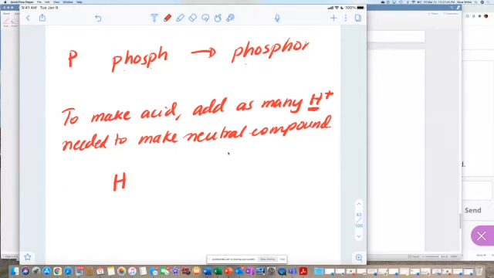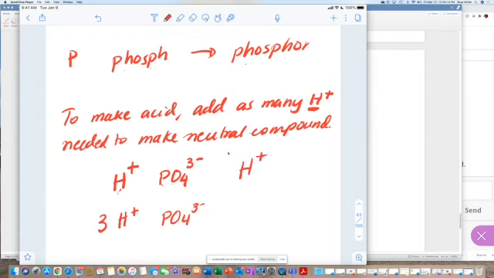You can use the crisscross method and say H plus is going to be combined with phosphate, like that. Well, how many H pluses does it require to neutralize PO4? You can say it takes 3 H's, right? Because each of them will be H plus, times 3, to neutralize PO4 3 minus.